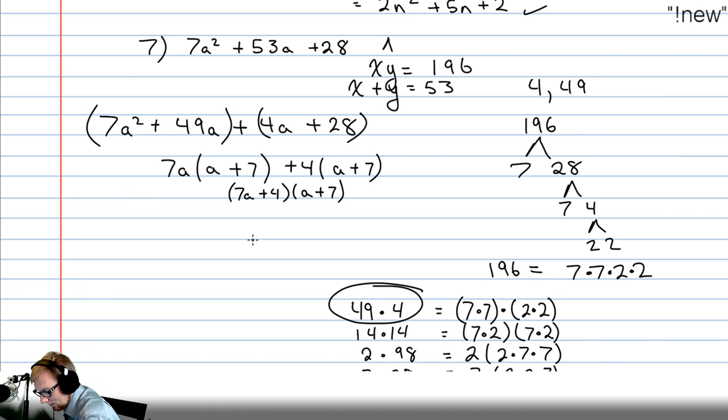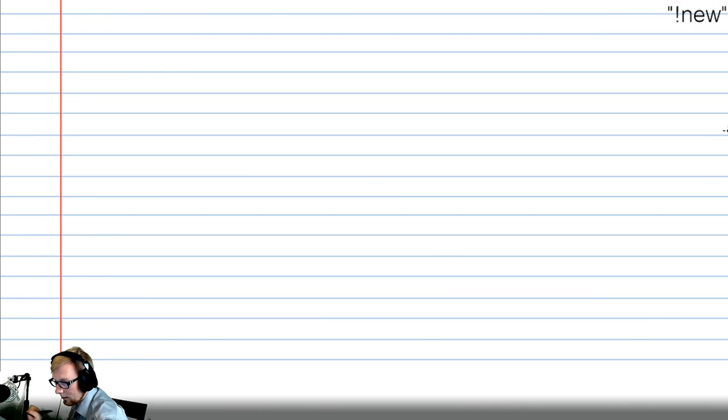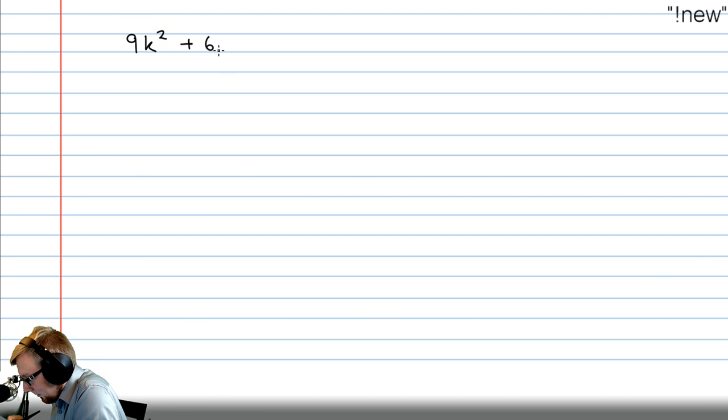Okay, for the next one, you're going to try and find the factors again, just like we did with this one. But it's not going to be so easy with this typing in the calculator. 9k squared plus 66k plus 21.